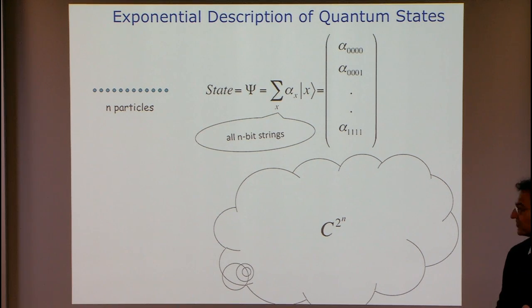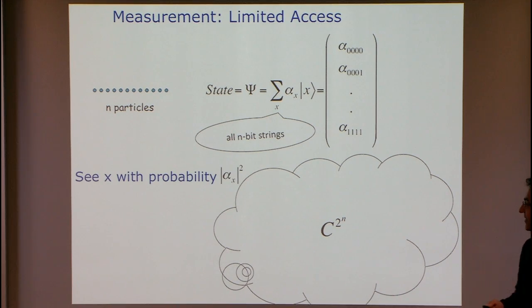The other starting point of quantum computation is the fact that nature guards these resources extremely closely by making sure that when you actually try to access the quantum state, you only see n bits of information. So you actually see x with probability alpha x magnitude squared.